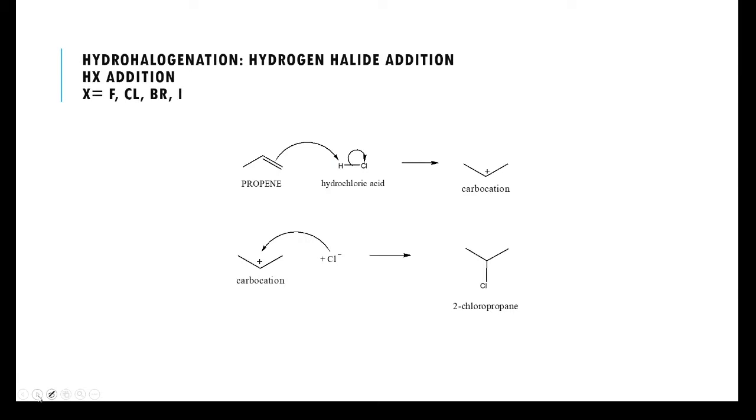All right, so we're going to look at different addition reactions and their mechanisms. Halogenation in general, without the hydro, is a method that can be used to detect alkenes.